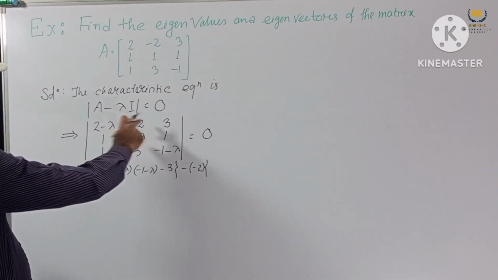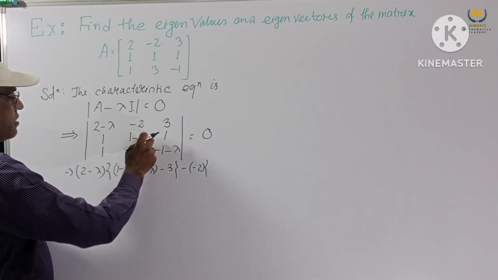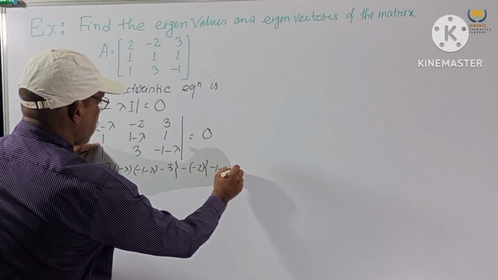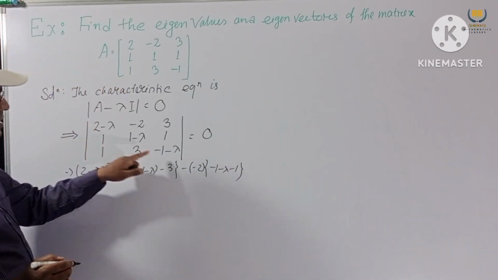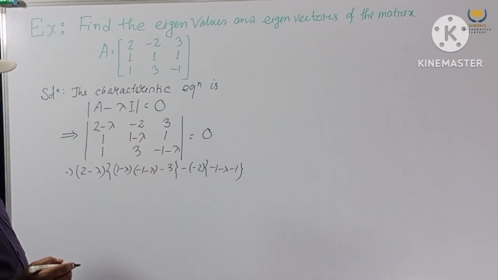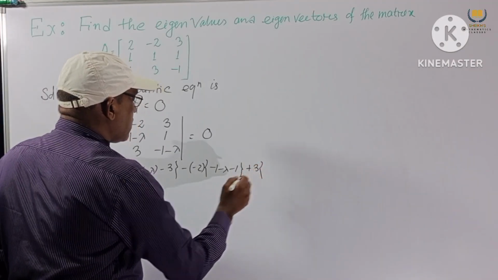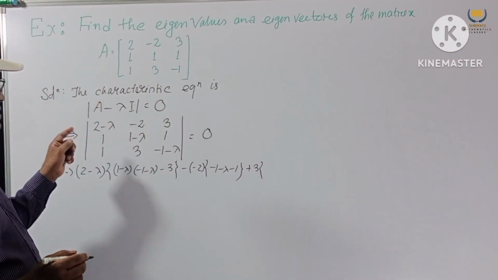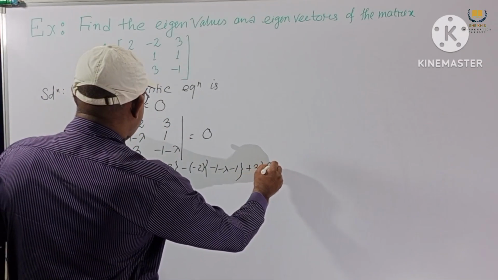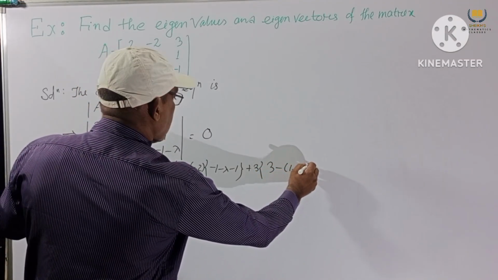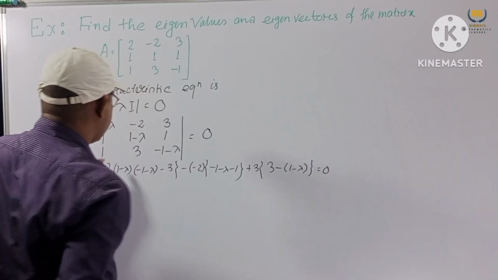Then, 1 into this, 1 into this: so 1 into this means minus 1 minus lambda minus 1. This into this, minus 1 into 1, plus 3. Then we cancel, and 3 times minus 1 minus lambda. This equals 0.